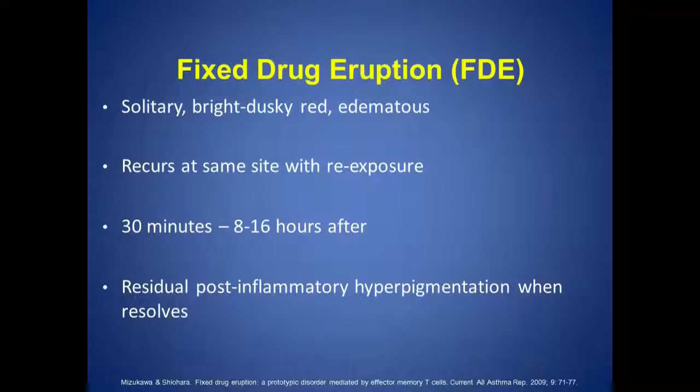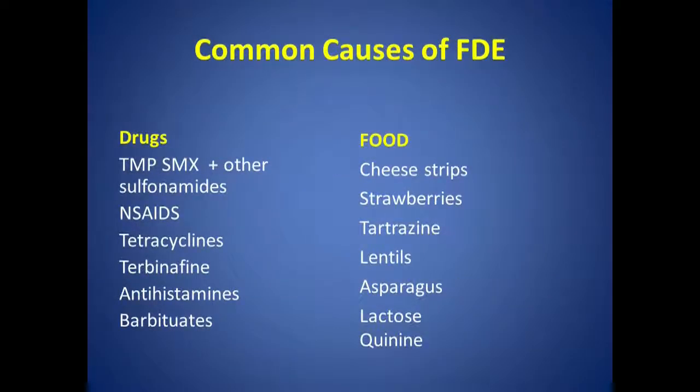And just to recall, fixed drug eruption is this recurrent red-brown annular indurated plaque, often can be multiple or single, and you have an exposure to the antigen. It can come out within 30 minutes to 16 hours. It often heals with hyperpigmentation.